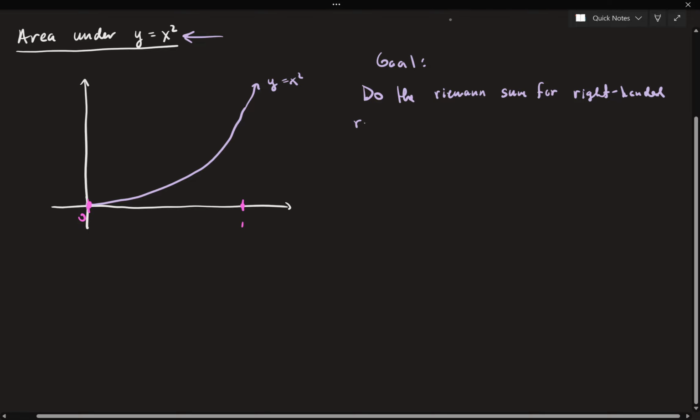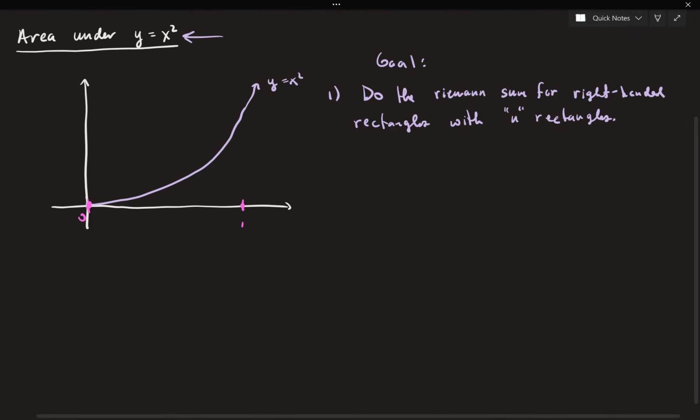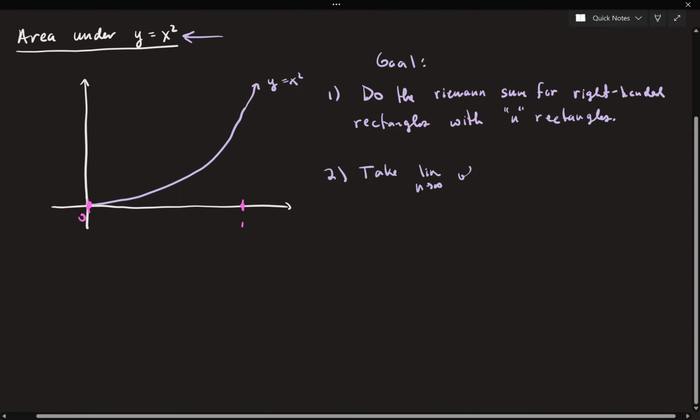For right-handed rectangles with n rectangles. I haven't told you what n is, but the idea behind the integral is that we can evaluate that and then take the limit as n goes to infinity of that answer.